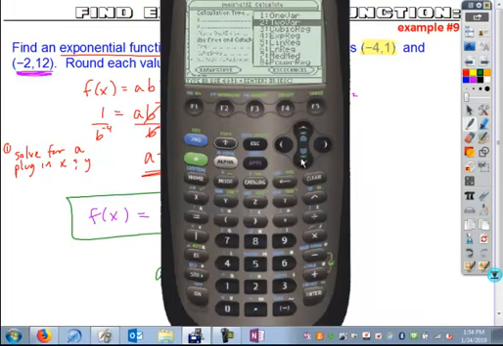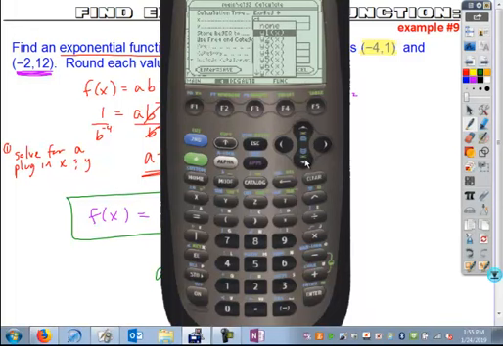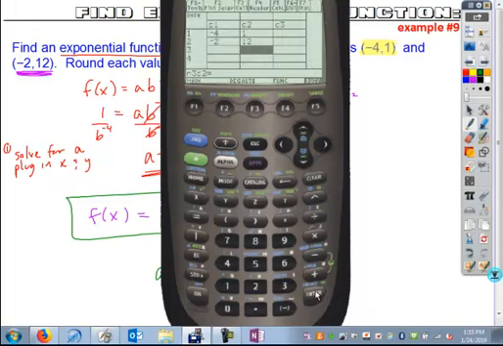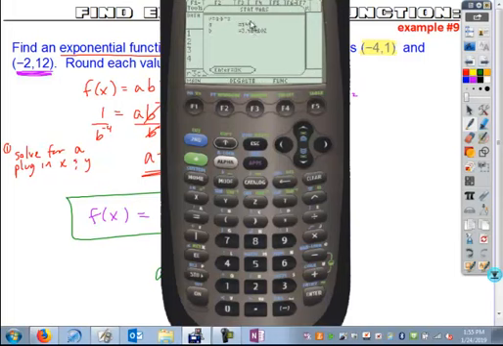I label my x and y as columns: C1 is my x, C2 is my y. I'll store this regression equation to y1 just so I have access to it. When I hit enter, I see my a value is 144, my b value is 3.4641. I can plug that into my general form a times b to the x, and that gives me the same function.